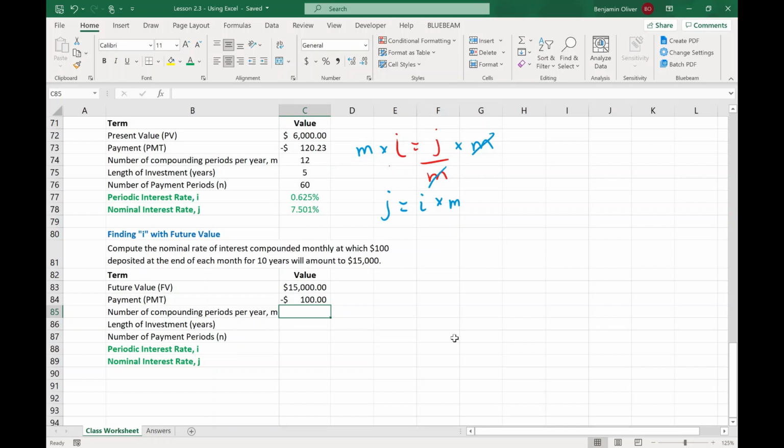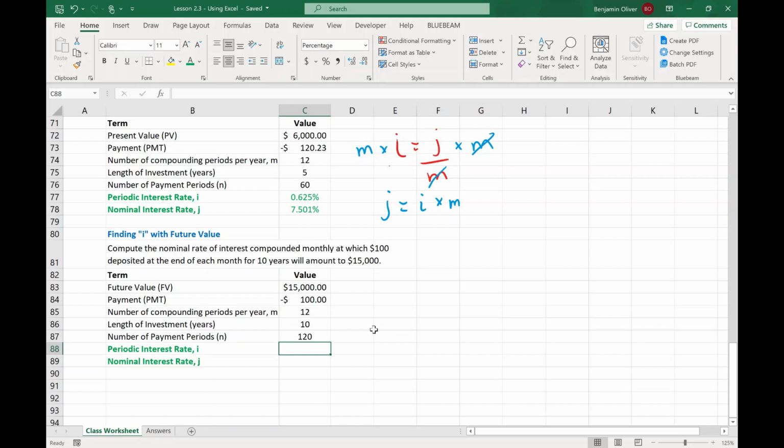Your number of compounding periods per year, again, it's compounded monthly, so you have 12 periods a year. That's also how often you're making payments. Again, for an ordinary simple annuity, those two are the same. The length of your investment is 10 years. So our number of payment periods is 12 payments times 10 years. So you're making 120 payments of $100.